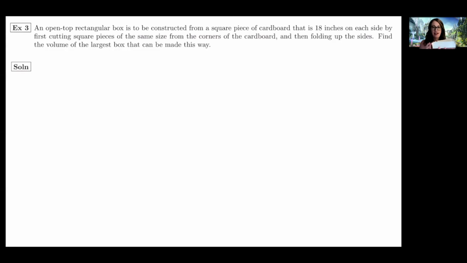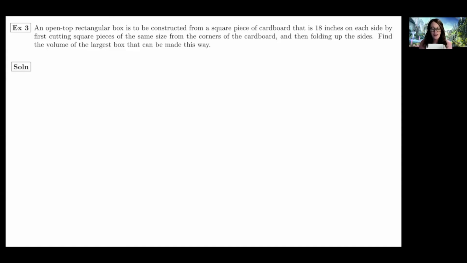So if I cut out maybe larger squares from each of the corners, we get a different size box with a different volume. It would be taller. If we cut out really tiny squares, the height would be really short. It'd be a shallow box with a different volume.